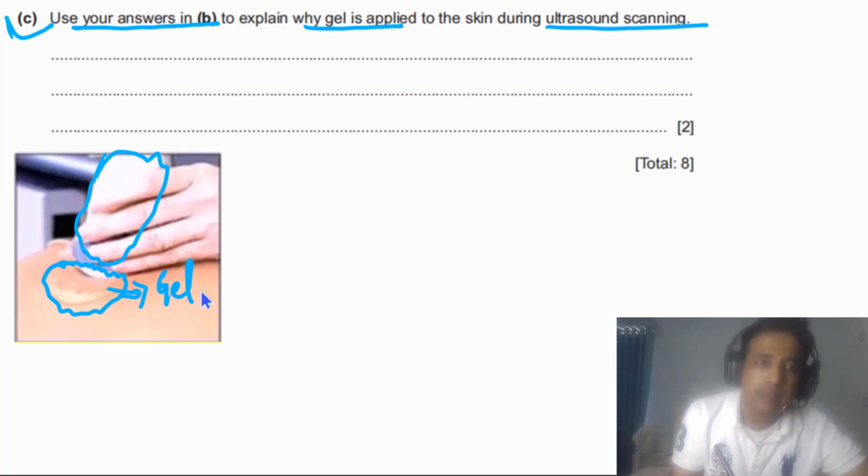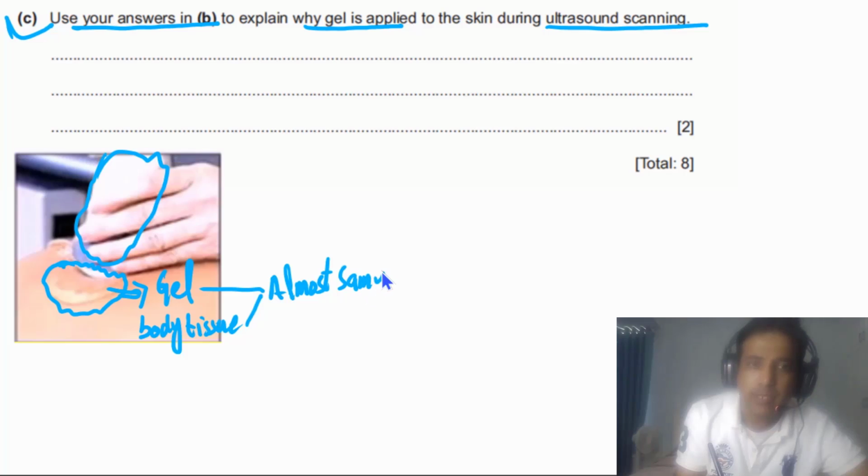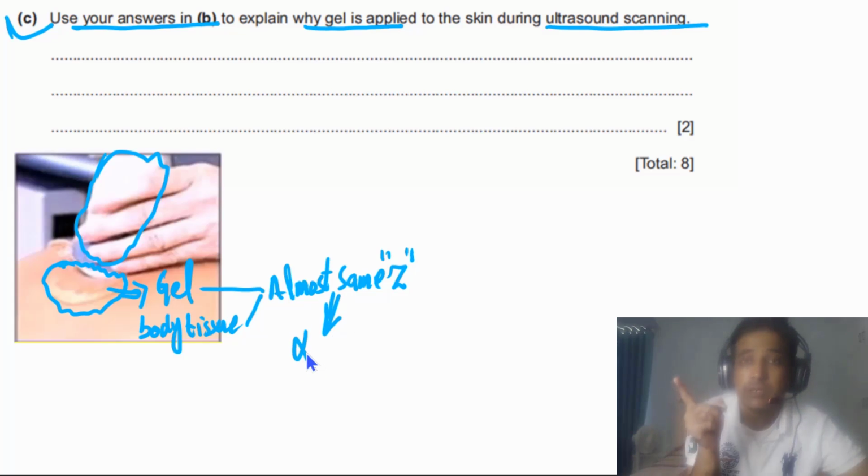The reason is that gel and the body tissue have almost the same acoustic impedance, meaning the same value of Z. If the same value of Z, it means that alpha R, the intensity reflection coefficient, is close to 0.